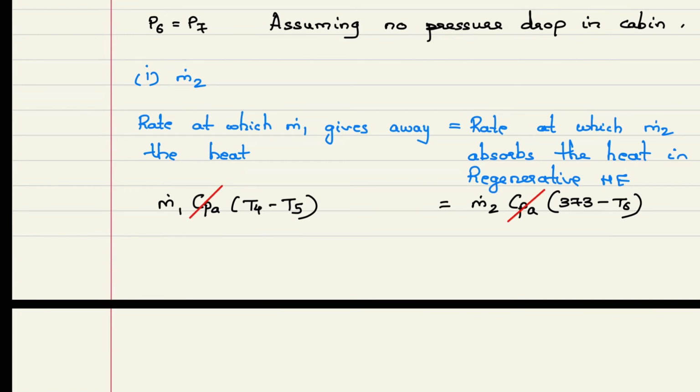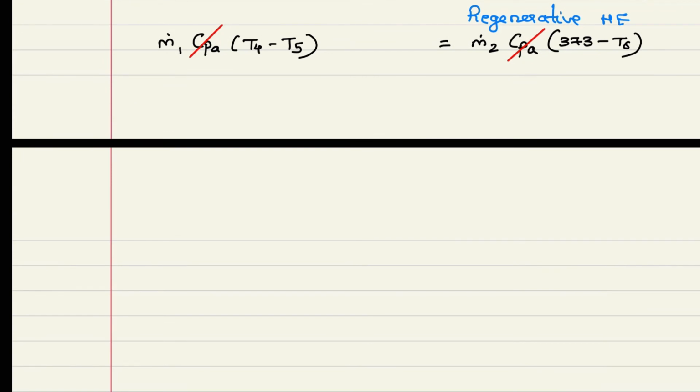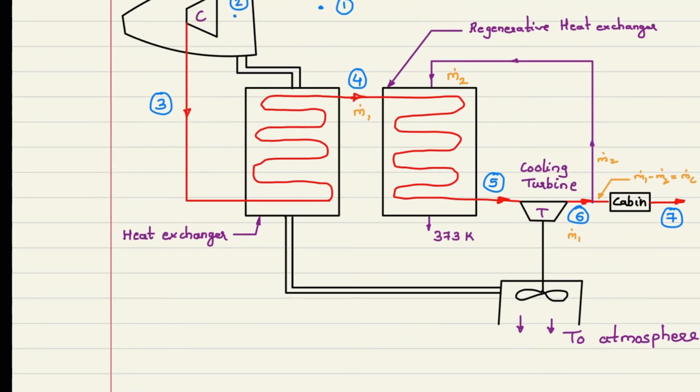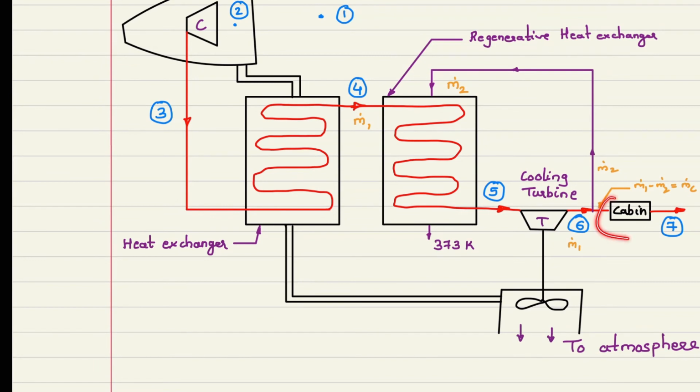So we can now write the Q dot A equation. Q dot A is equal to 3.5 into the capacity, and the capacity is given as 20 TR. So 3.5 into 20 is equal to, now write down the formula of that Q dot A. If you consider the cabin, the heat is absorbed in the cabin during process 6 to 7.